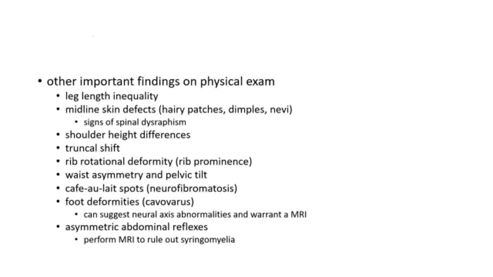There are other important findings on physical exam. You have to look for leg length inequality, because this could be the reason this girl or boy is getting scoliotic, in order to let one short limb reach the ground. Midline skin defects, because it could be part of spinal dysraphism.